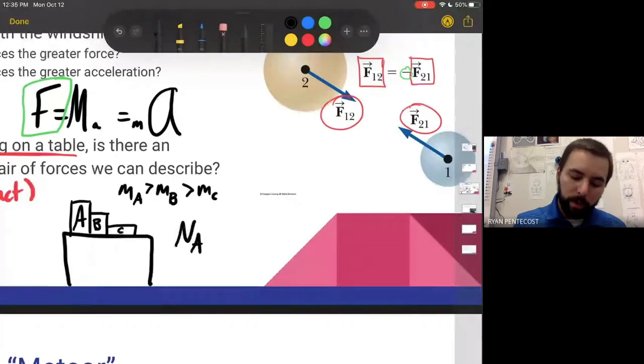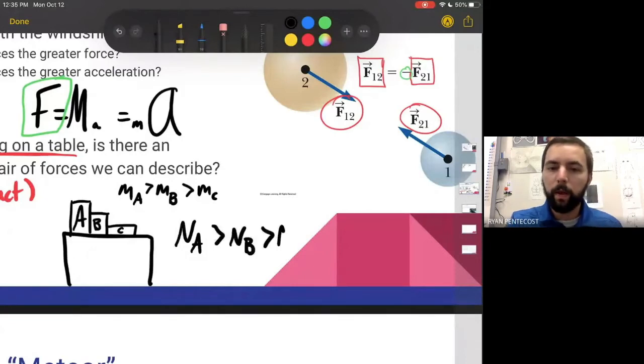So the normal force on A is going to be much stronger than the normal force on B, which is stronger than the normal force on C. So normal force is this variable force. It will match whatever it needs to match as long as it doesn't break, right? So for this table, as long as the blocks don't break the table, it is going to match it pound for pound or Newton for Newton.